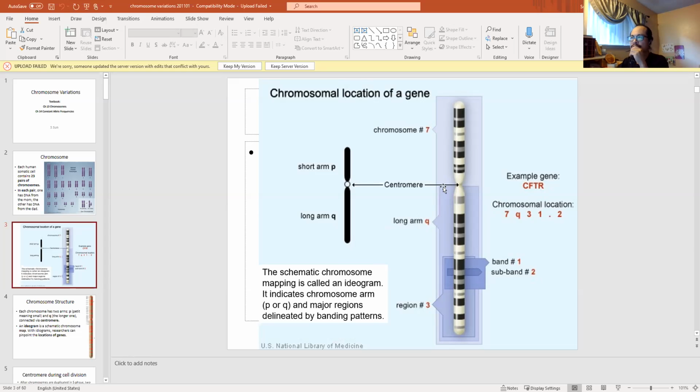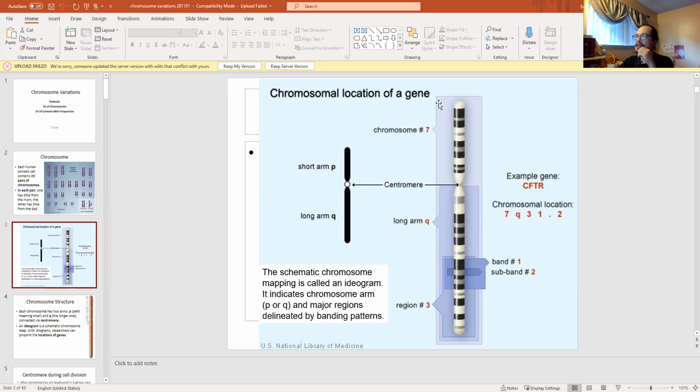We can also use the short arm and long arm to conduct some labeling. So a typical way to label a gene or a locus is to use P and Q, and then we can further use the banding pattern in each arm.